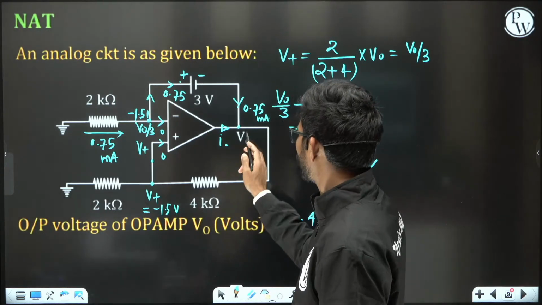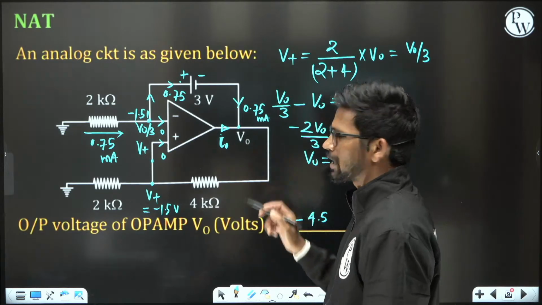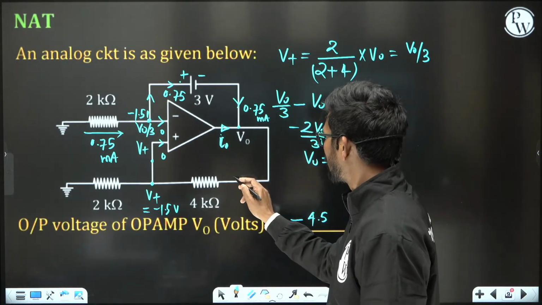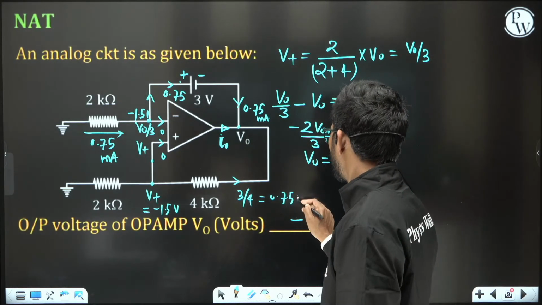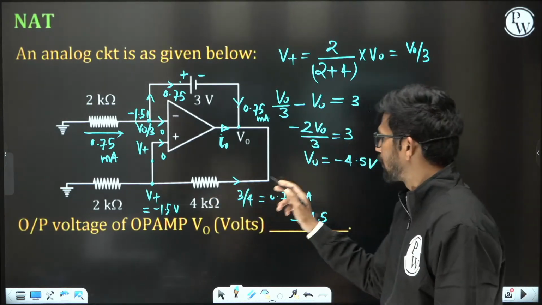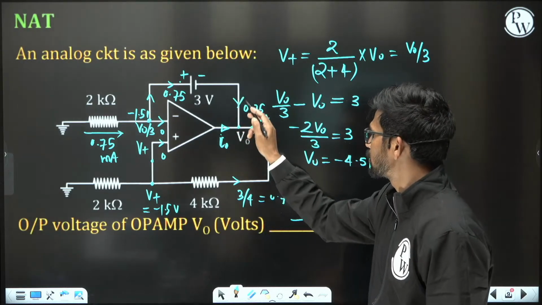So minus 1.5 minus 4.5 plus 4.5 minus 1.5, 3 upon 4. This current will be 3 by 4, that is 0.75 milliampere. This current is also plus 0.75 milliampere. So this incoming current is also 0.75.